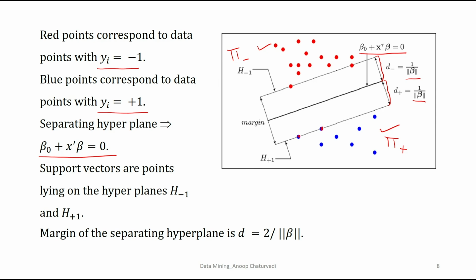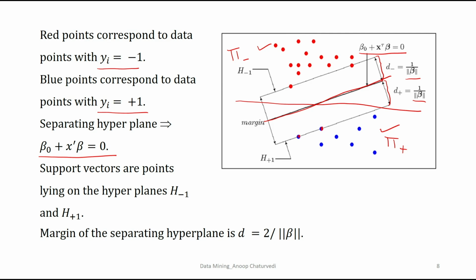Now, the question also arises, why we choose such a hyperplane which passes just in between these support vectors. Suppose you select some other hyperplane, say this hyperplane.